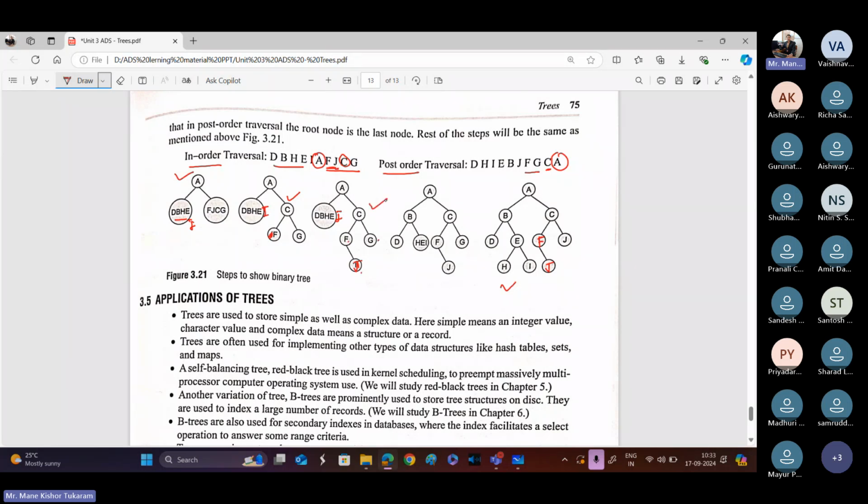So here we constructed. Then inside the D, B, H, E, I, we consider B from this. So these are the contents, and this is the post-order, that is, the root is at the end.